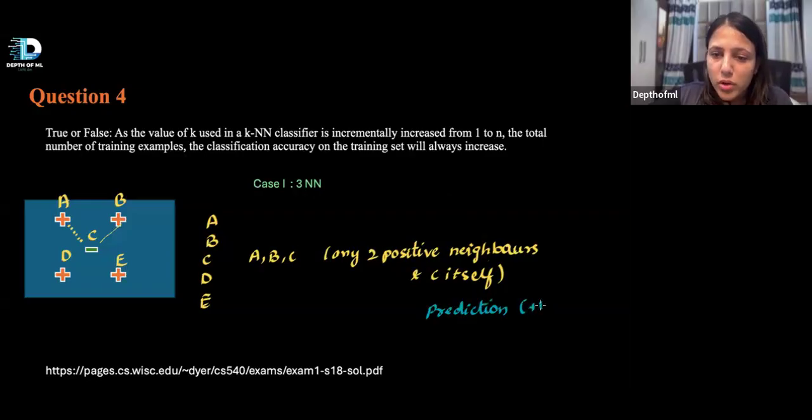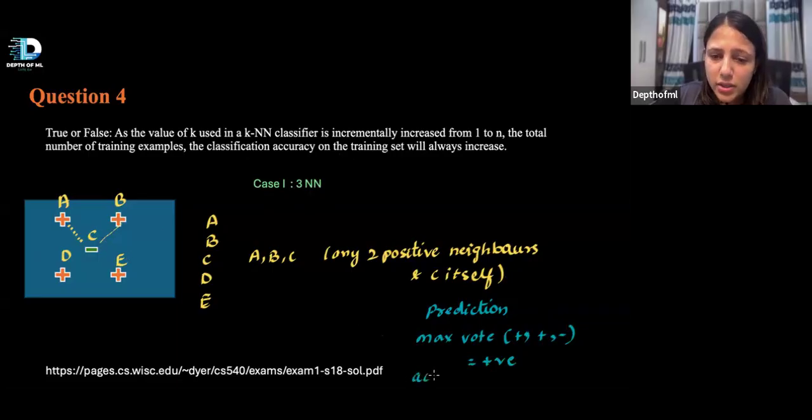It will always have a max vote of positive, positive, and negative, because C will always have two other neighbors which are positive, and we are talking about the three nearest neighbor classifier. So the prediction will be max vote of positive, positive, and negative, which equals positive. So for sure, C will be classified incorrectly.